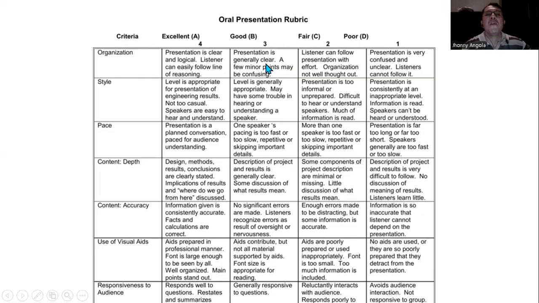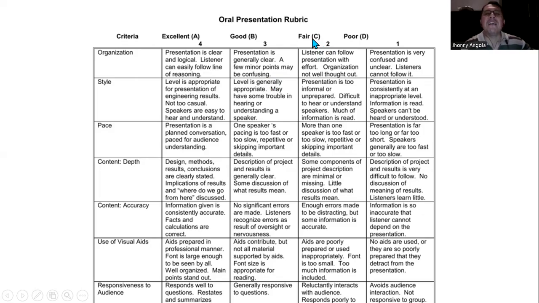Number 4, 3 points, 2 points, or 1 point. For example, organization. Presentation is clear and logical. Listener can easily follow line of reasoning. Number 3, another idea is that you compare both descriptions and you can know the differences. Presentation is generally clear. A few minor points may be confusing, right?